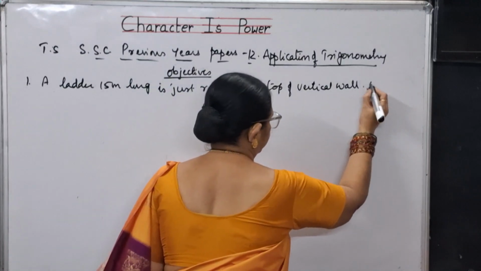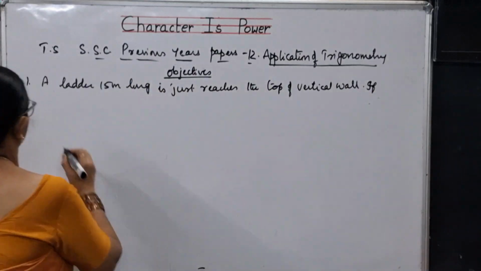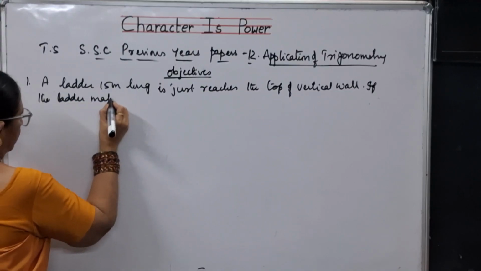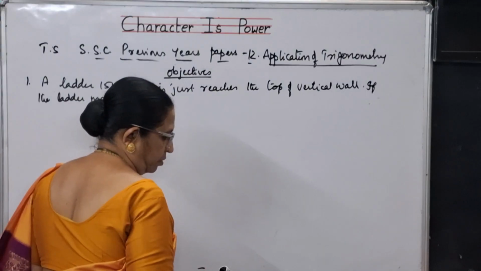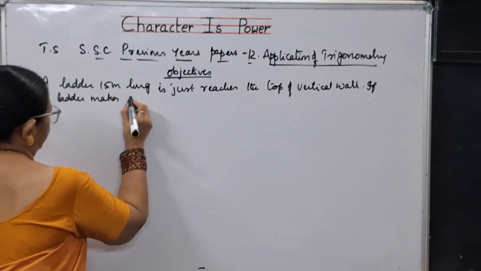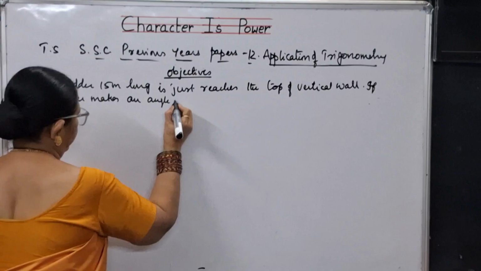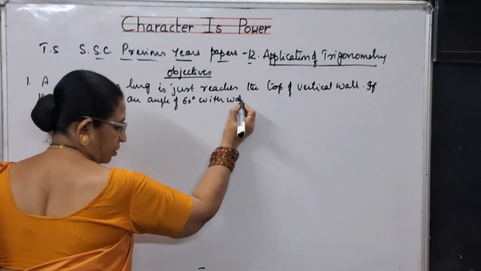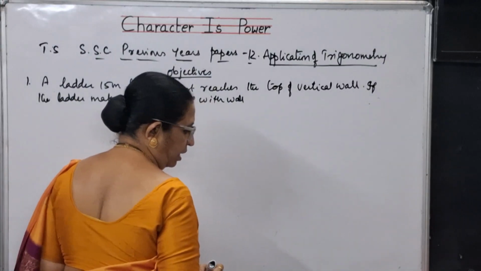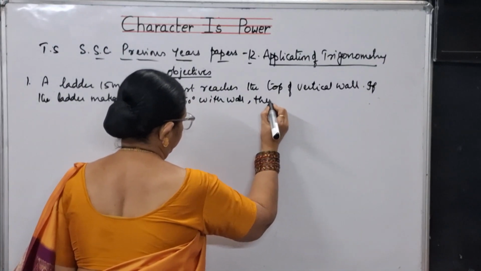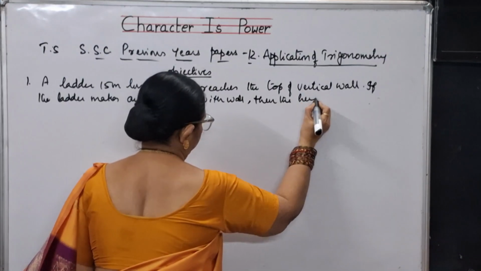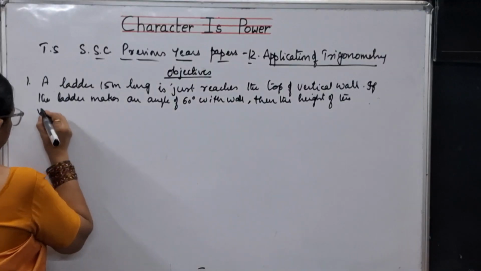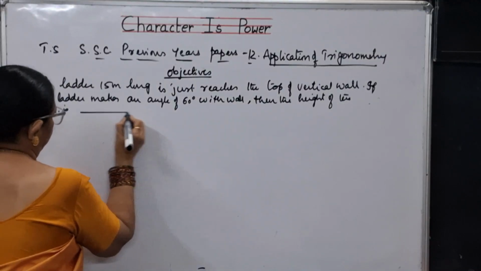If the ladder makes an angle of 60 degrees with the wall, then the height of the wall is dash.